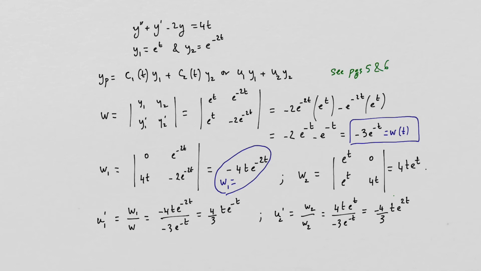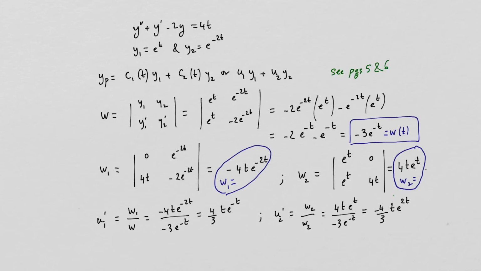And this is W2. And then we're going to find u1 prime and u2 prime. Okay, so for w1, 0 minus this, that's going to give me 4t e to the negative 2t. And for w2, you get 4t e to the t minus 0. Okay, so you should be clear on anything that is in blue.